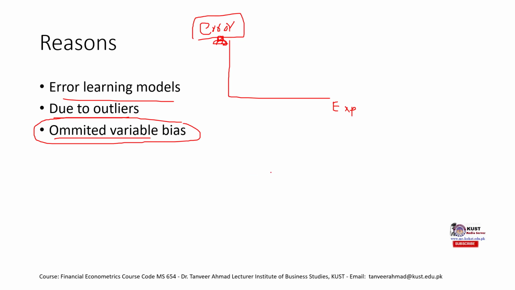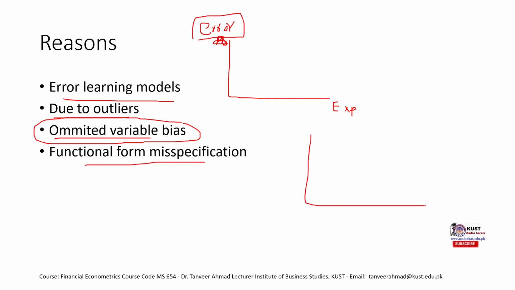Another reason can be functional form, and it is related to omitted variable. Let's just say in our previous lecture, we discussed that income is a function of age. If we draw a linear relationship, then that means as age increases, the income would increase.